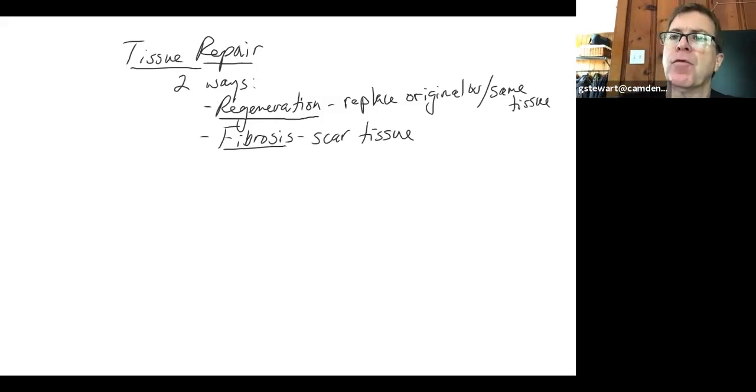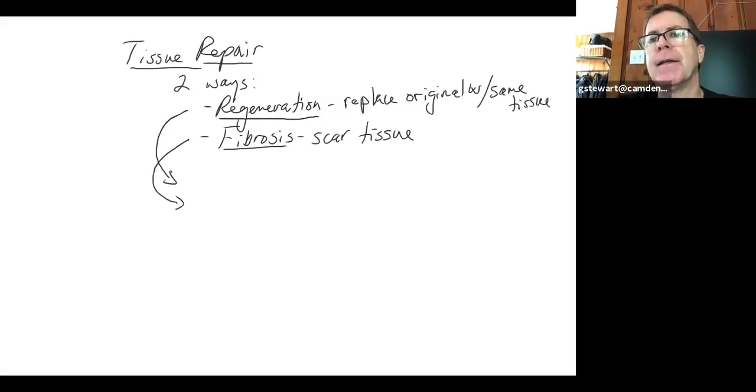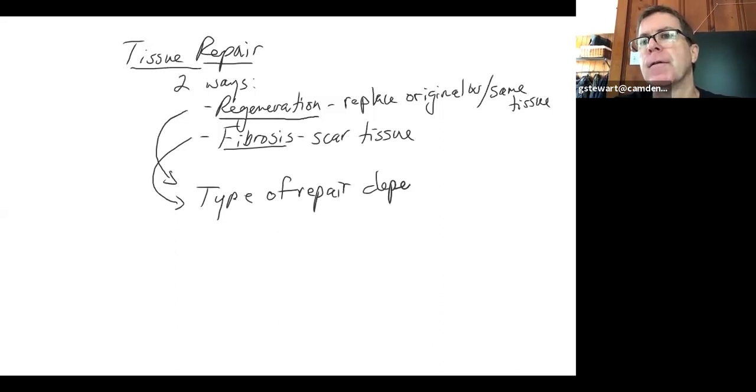Now, which type of repair occurs after tissue damage totally depends on, so I'm going to write this out, type of repair after damage depends on really 2 things. The original type of tissue that was damaged and the severity of the injury.